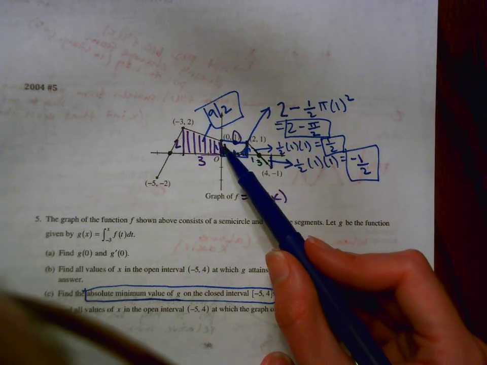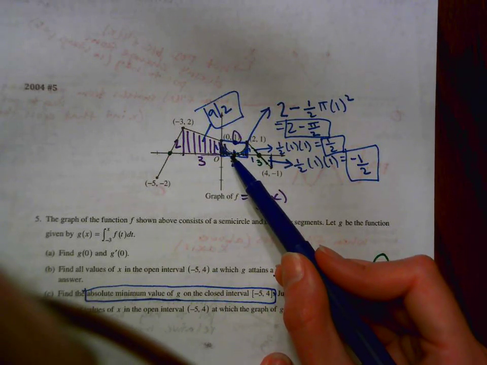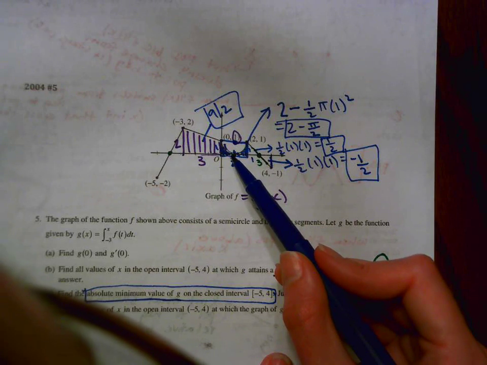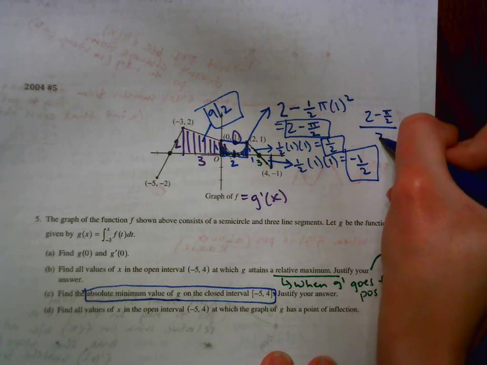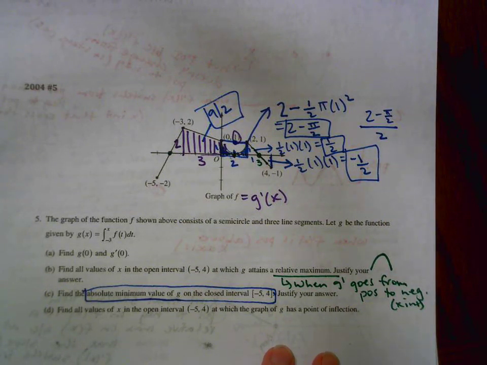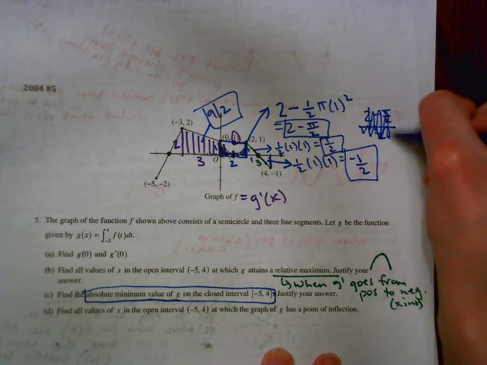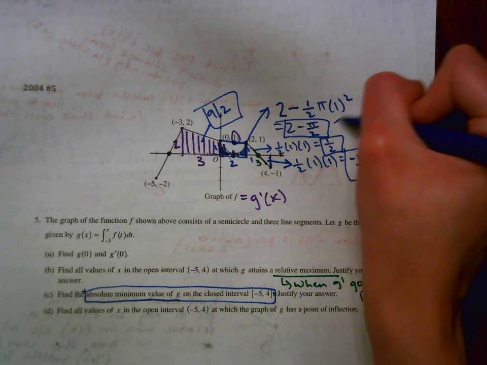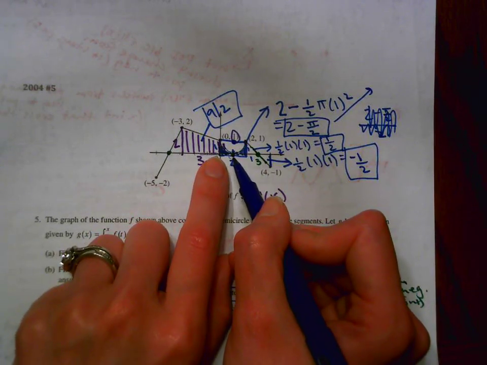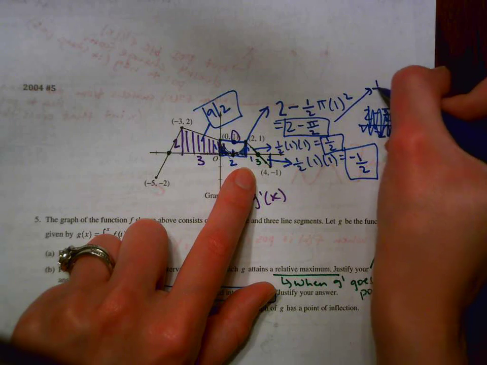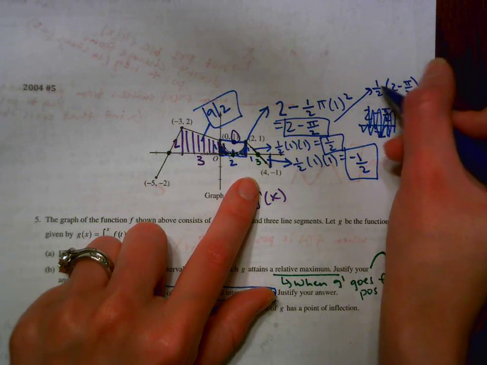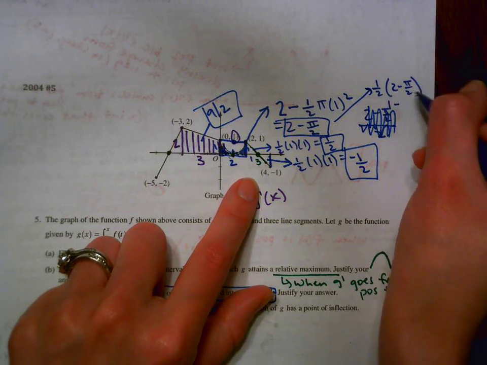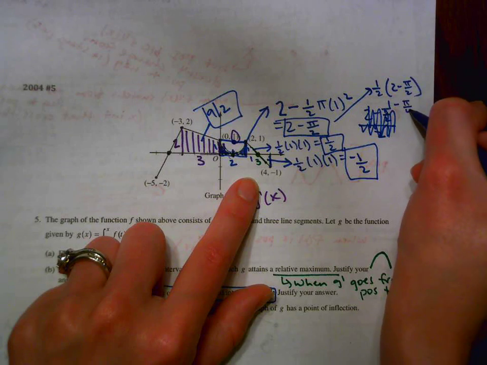It would be 2 minus pi over 2 divided by 2, or you could multiply it by 1/2. I want half of this area from 0 to 1, so I'm just going to multiply my area by 1/2. That would be 1/2 times 2 is 1, minus 1/2 times pi over 2 is pi over 4. So 1 minus pi over 4.